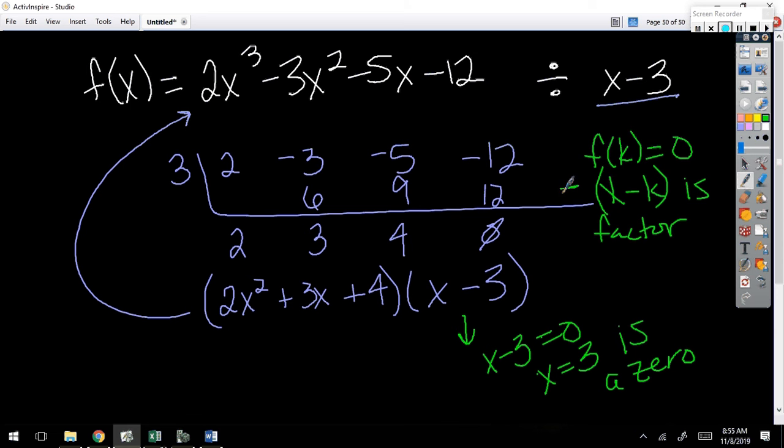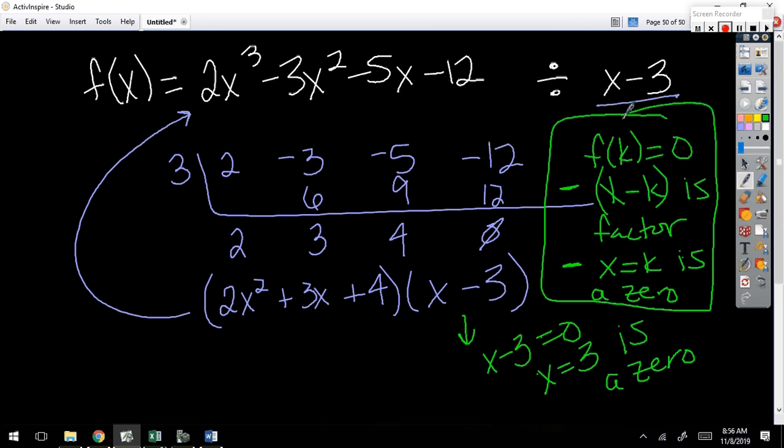Well, what it also tells us is that x equals k is a 0. And that's very, very important. So if you can divide and you get no remainder, it gives you two things: a factor and a 0. The number that you plug in whenever you get 0 is a 0. It's where it crosses the x-axis.